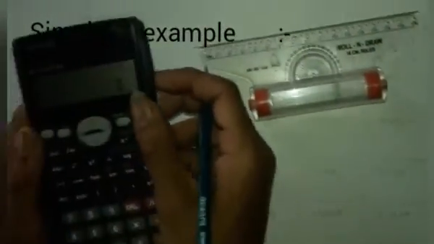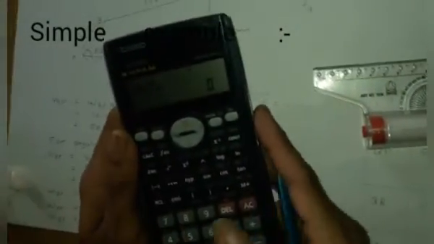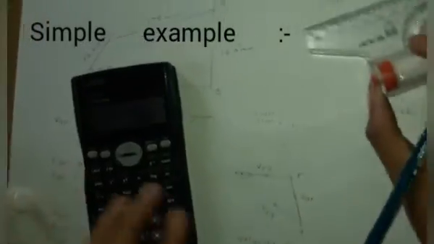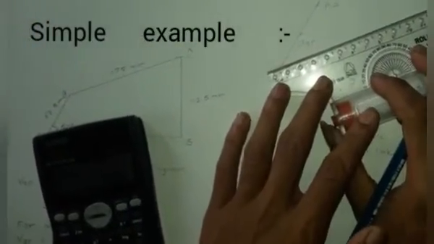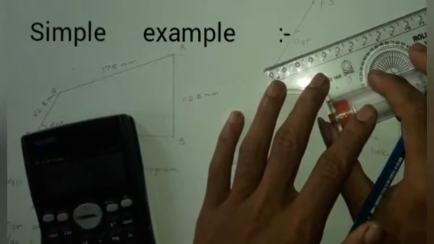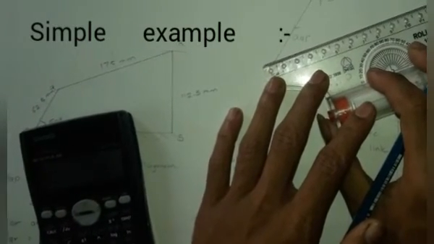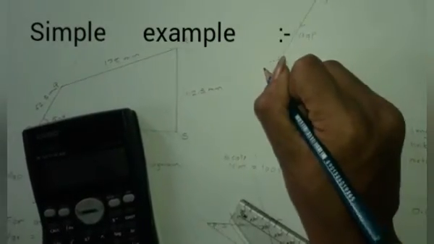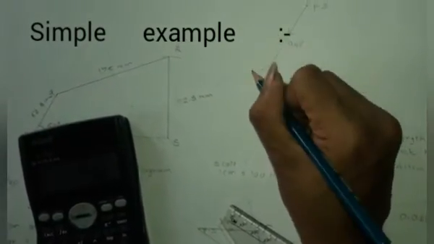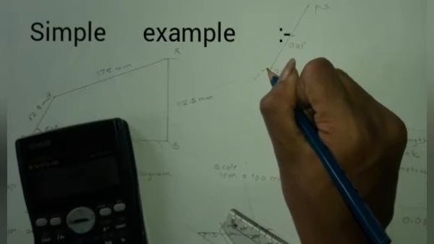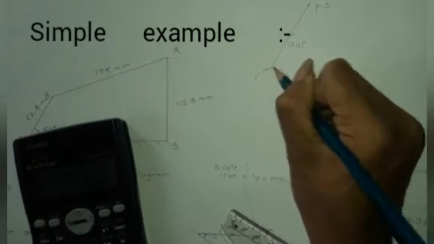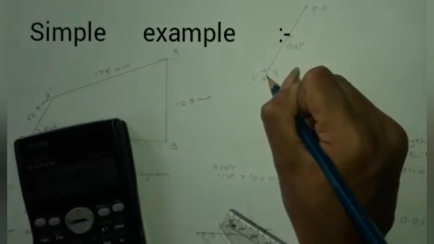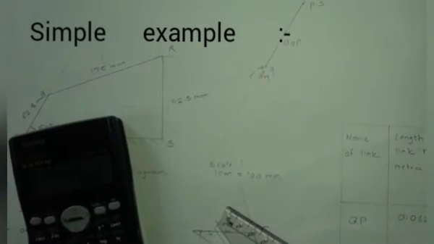So it will be 0.7 divided by 1.25, 0.56. So this point is R dash, and this gives radial acceleration of link RQ.